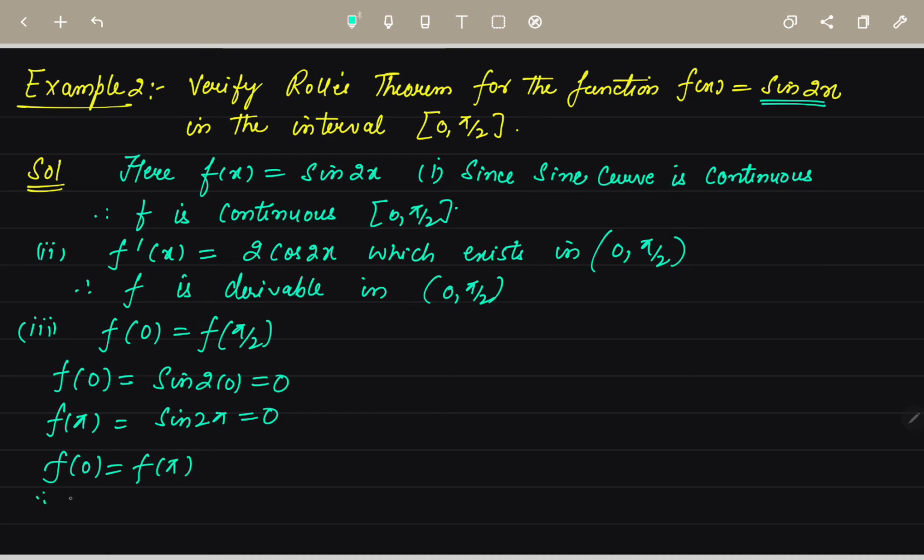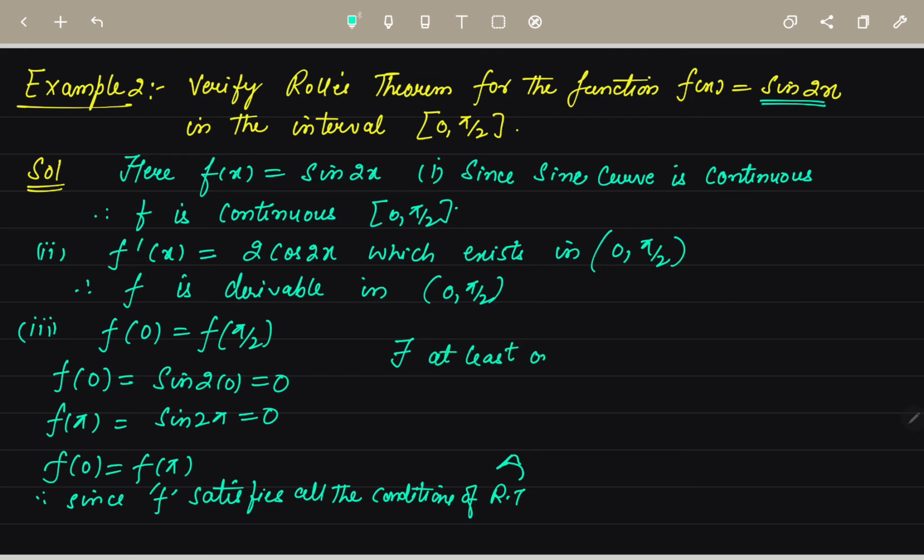So we will write, since f satisfies all the conditions of Rolle's theorem, there exists at least one real number c which belongs to this open interval (0, π/2) such that f'(c) = 0.